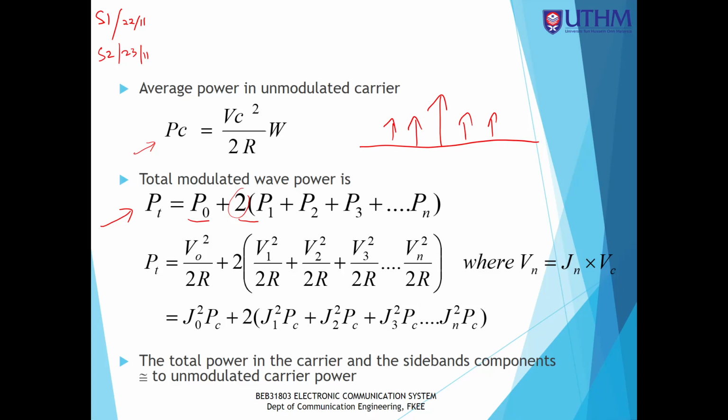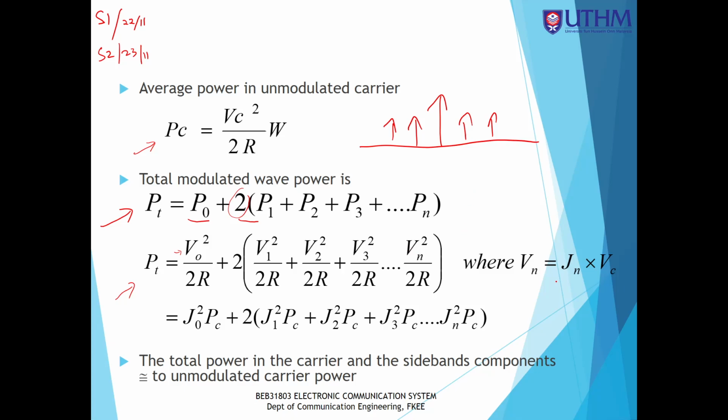So P total here, P0 is the carrier component, which is equal to V0 square over 2R. This is the carrier component. And then for the sidebands, V1 square over 2R, V2 square over 2R plus V3 square over 2R until Vn square over 2R.